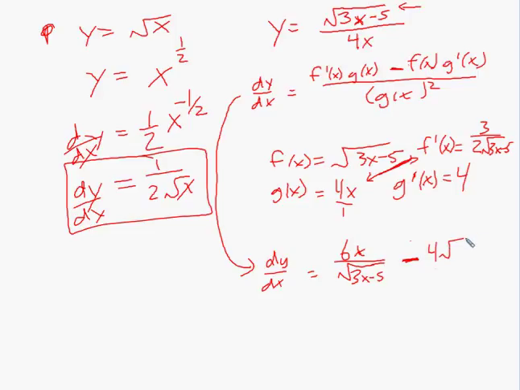That's 4 root 3x minus 5. These two multiply, all over I square my denominator. That's 16x squared. That's my derivative unsimplified. You get where that comes from.